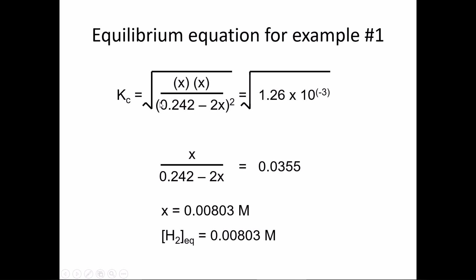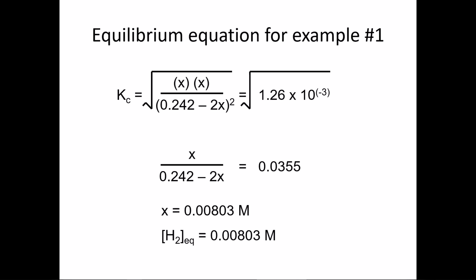So this is what we call a perfect square. The top is squared, the bottom is squared, so we can take the square root of the entire thing to simplify our math. When we do that, we need to take the square root of what's on the other side of the equal sign as well, so the square root of the K value. So now we're left with 1x over 0.242 minus 2x equal to the square root of our K.